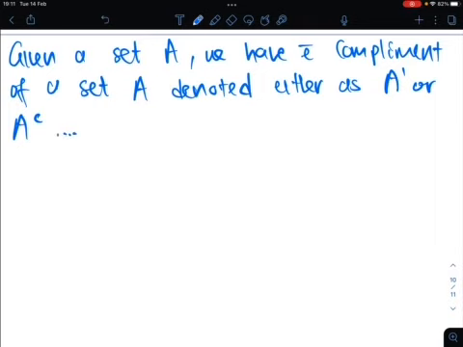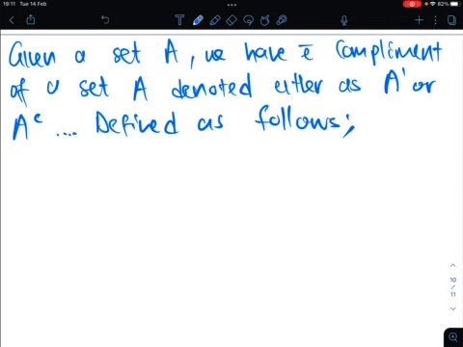And this complement is defined as follows. So the set complement, which I will just denote as A prime, because that's what is mostly used in many books. But you should be aware that there is also A^c, which stands for the same thing.